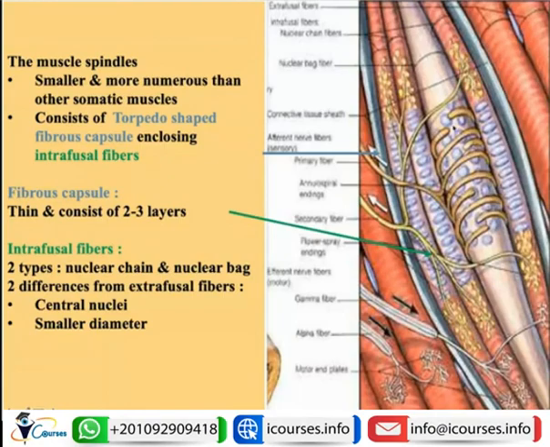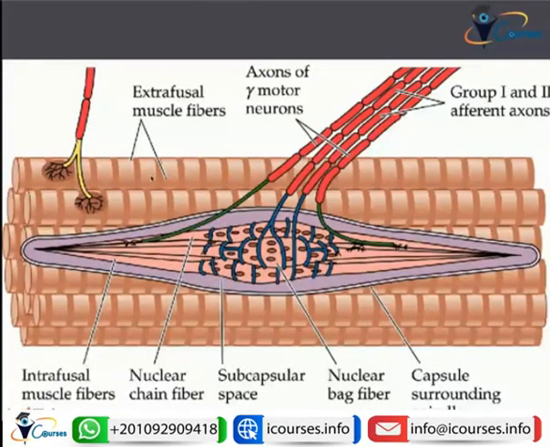So what is the difference between the intrafusal fibers inside the fibrous capsule and the extrafusal fibers outside the capsule? The intrafusal fibers have central nuclei, as you can see here, and are smaller in diameter than the extrafusal fibers. So again, this is the muscle fibers, this is extrafusal fibers, and this is intrafusal fibers.